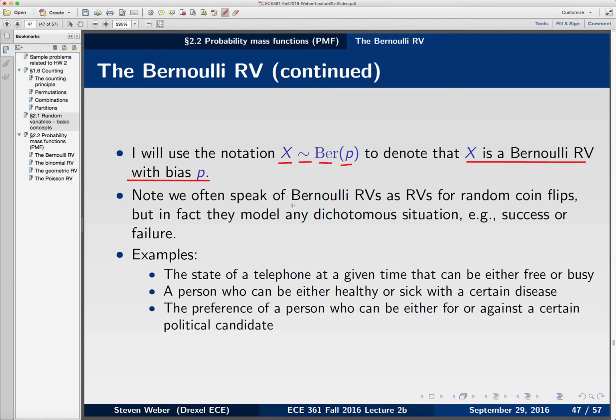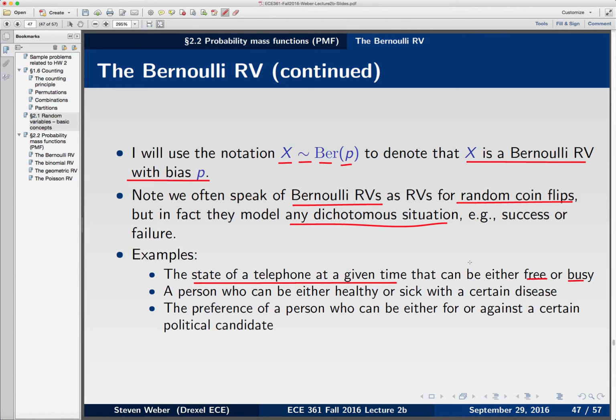We'll often speak of Bernoulli random variables as capturing this notion of a random biased coin flip. But really, the concept is ubiquitous and applies to any dichotomous situation. That is, any situation that results in either success or failure, or more generally, any one of two outcomes. So here's some examples. Let's say that the random experiment is the state of a telephone at a given random time. The telephone can either be free or busy.